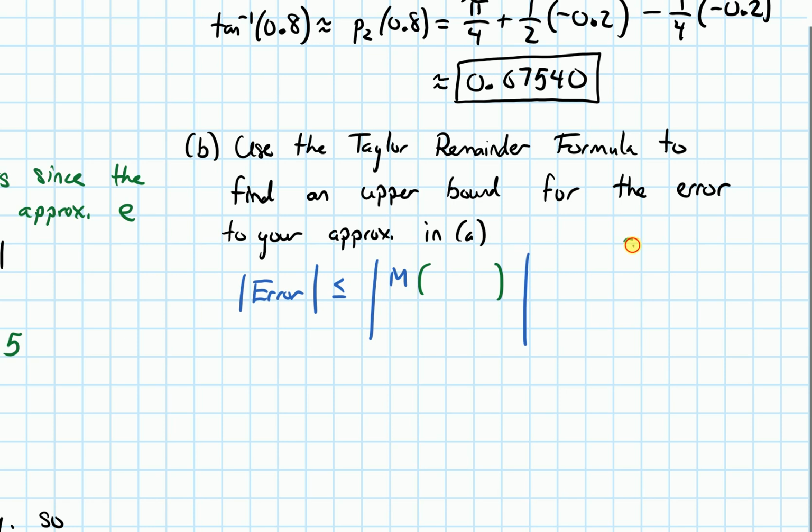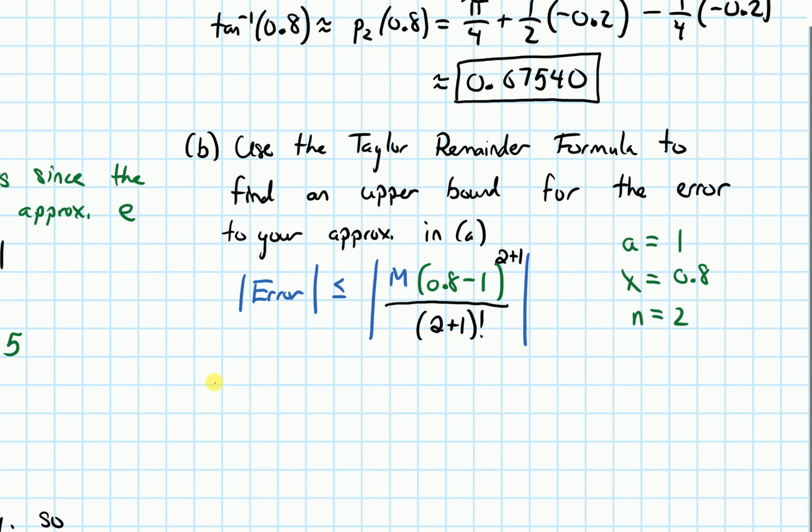And a is the center point, which is 1. x is the number that we're plugging in to approximate, that's 0.8. So we get 0.8, that's x, minus a, which is 1. The exponent is going to be n plus 1, so 2 plus 1, so our value of n is 2 here. And the denominator is also going to be n plus 1 factorial, so 2 plus 1 factorial.